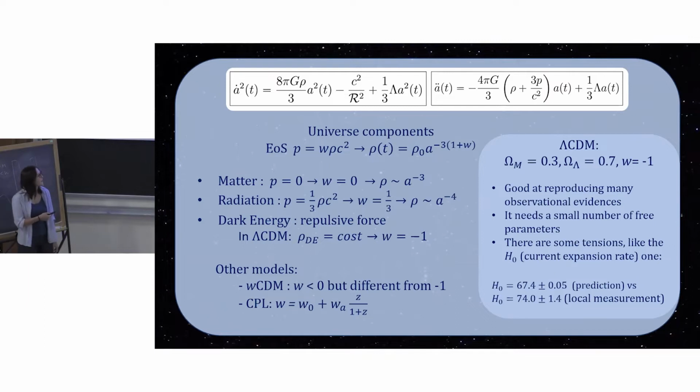I apologize, I forgot the units here. And you see that the discrepancy in terms of sigmas is very high. There are other tensions that I will not discuss here, but the thing is, this model is working well. It explains a lot of things about how the structures in the universe are formed, but there are some tensions around. This also explains why people started to, yes.